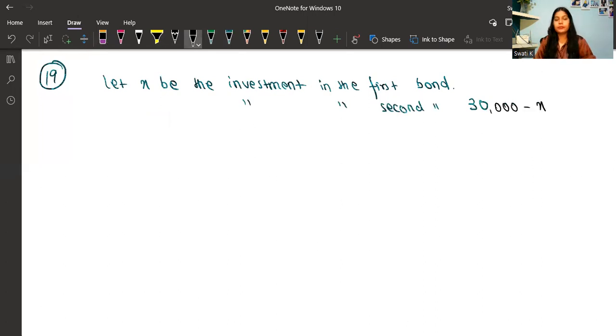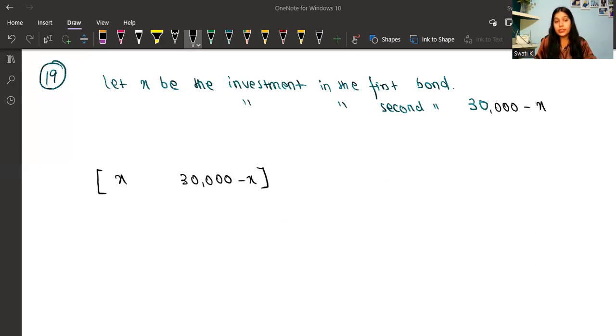Now next, interest paid by the first bond is 5% per year, and interest paid by the second bond is 7% per year, right? So if I write down the matrix of investment, it is x and the second is 30,000 minus x.